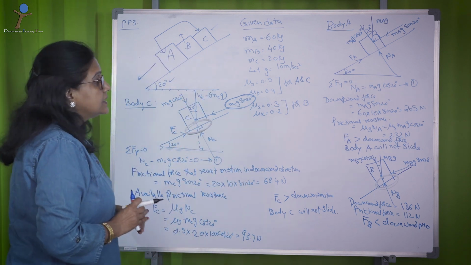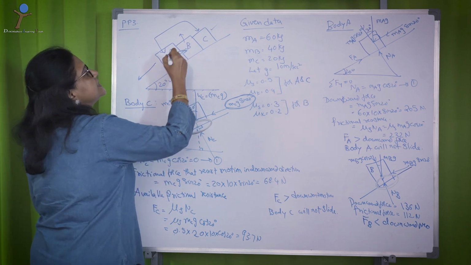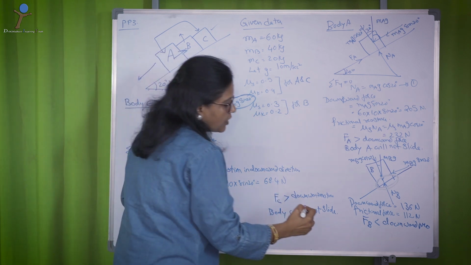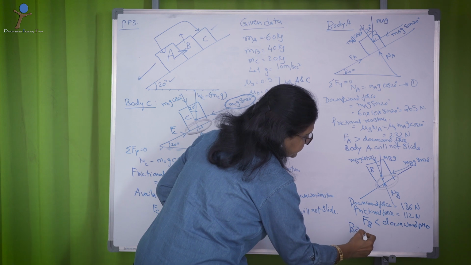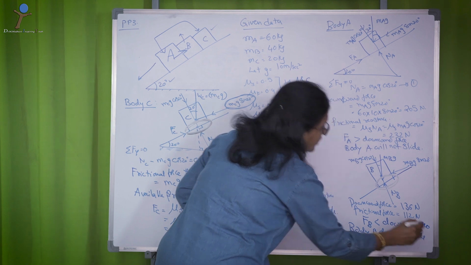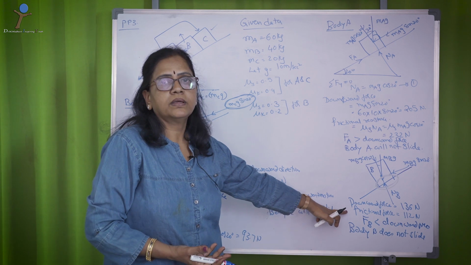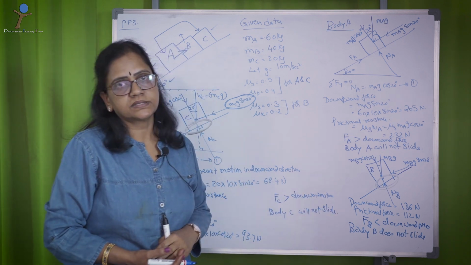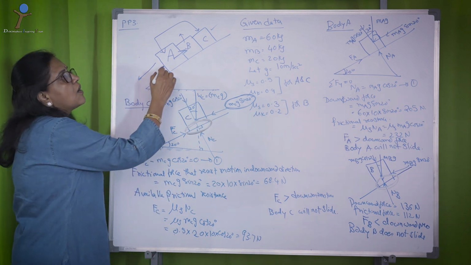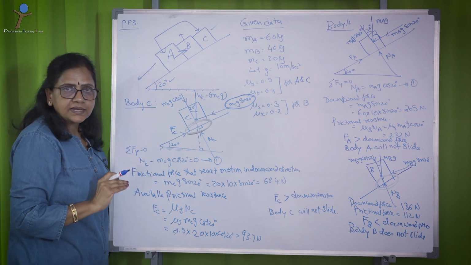However, in this case, there is a great resistance by A on body B. Since there is a great resistance by A on body B, the body B does not slide. If there is no body A here, definitely the body B will slide because it cannot afford more frictional resistance. So, in a nutshell, you can say that all three bodies are held on the inclined plane without sliding.